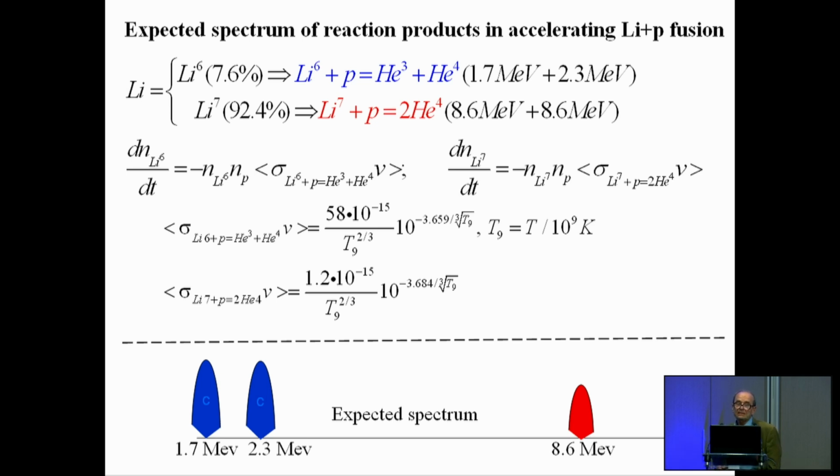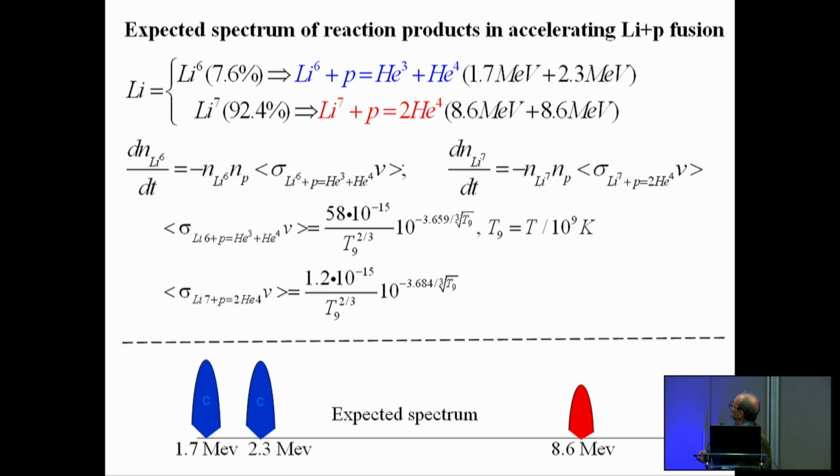Let's consider the expected spectrum of the reaction produced in accelerated lithium plus proton fusion. It is a very interesting isotope. Lithium consists of two isotopes, lithium-6 and lithium-7, of course, about 8% and 94%. In the first reaction, there is the creation of two alpha particles, helium-3 and helium-4, and two alpha particles, helium-4, with different energies.